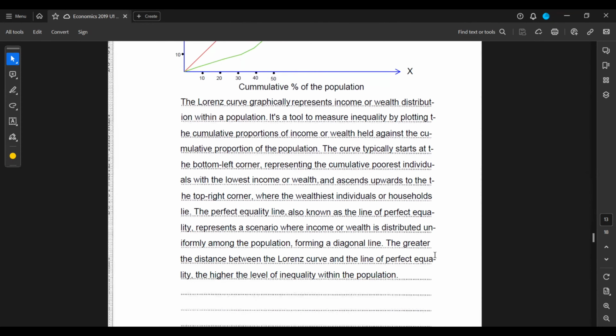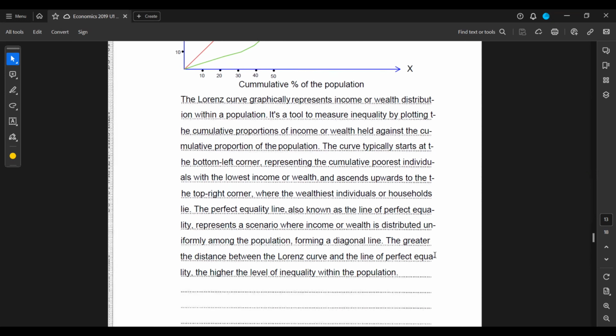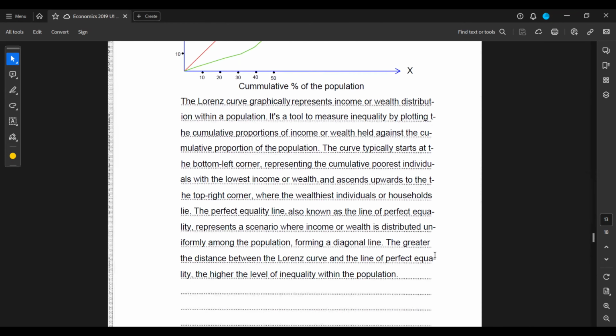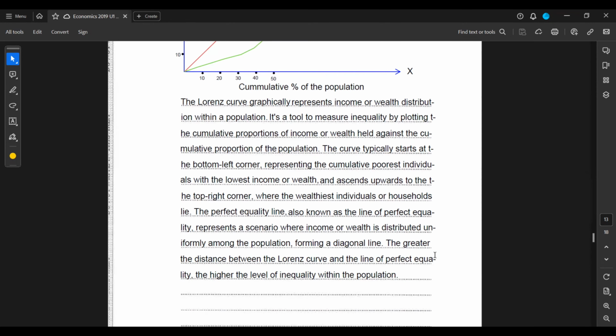The line of perfect equality represents a scenario where income or wealth is distributed uniformly among the population, forming a diagonal line. The greater the distance between the Lorenz curve and the line of perfect equality, the higher the level of inequality within the population.